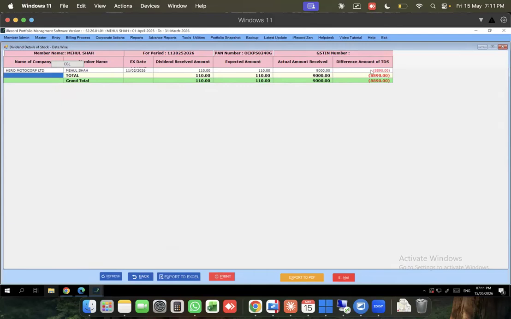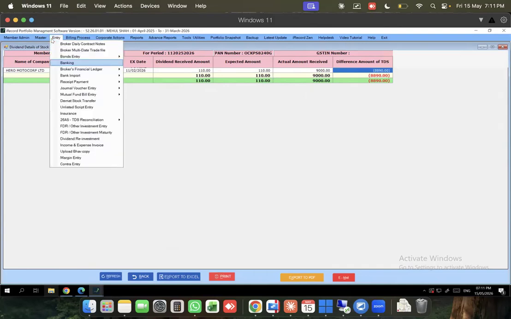So my net variance is 8,890. This will assist you to track your TDS deducted by the company. For this, we also have a tool in case someone has multiple scripts in their portfolio. You could also import your 26AS TRACES file here, and whatever mismatches are there will be shown to you right away.